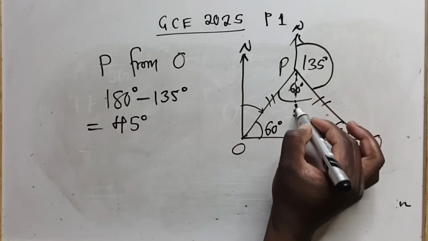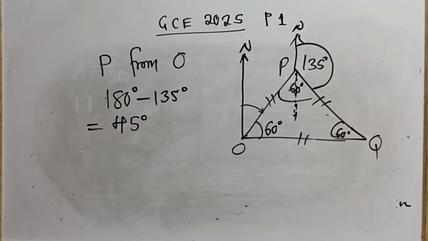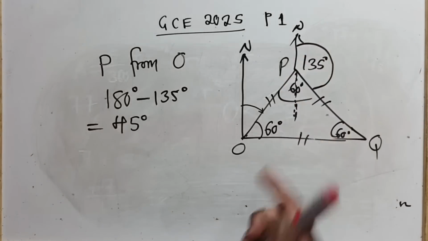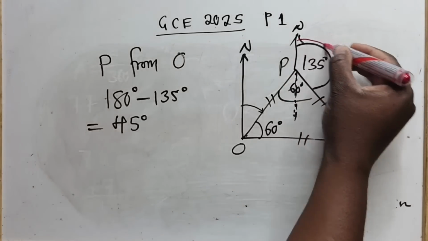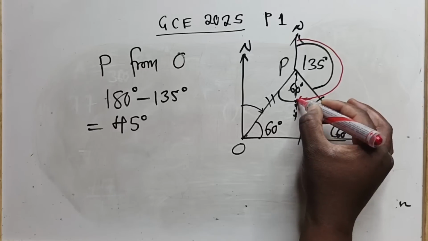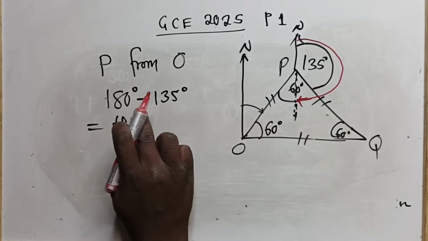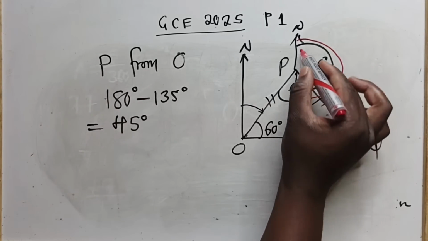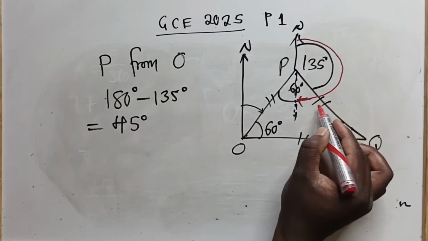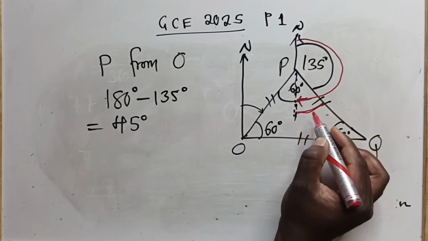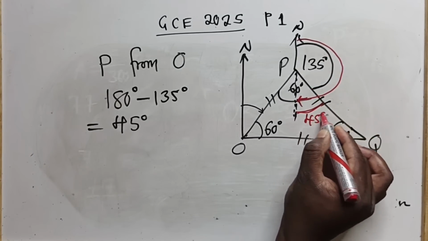So now look at this. Here I've used the property of a straight line, which is 180 from here all the way to here. 180 minus what they've given us, which is 135, meaning I'll find this angle, which is 45 degrees.